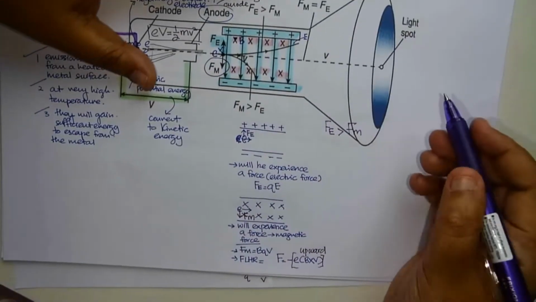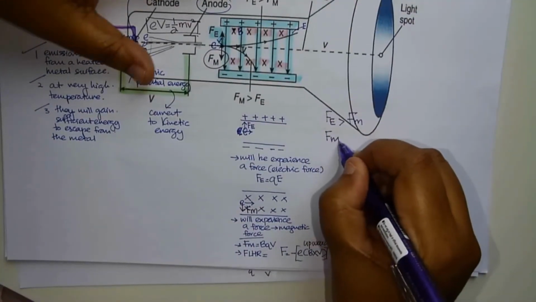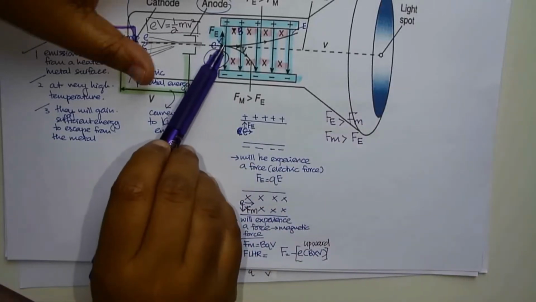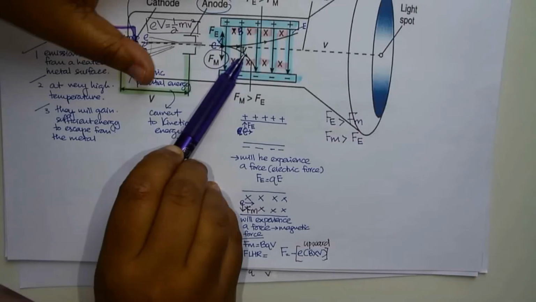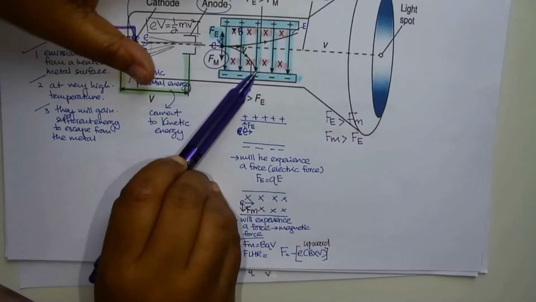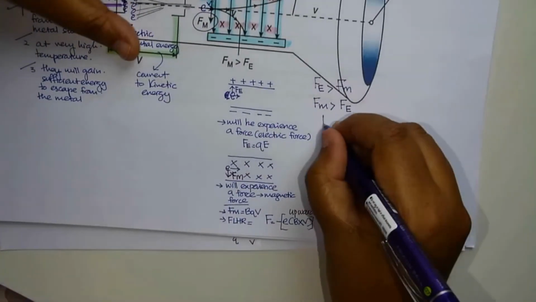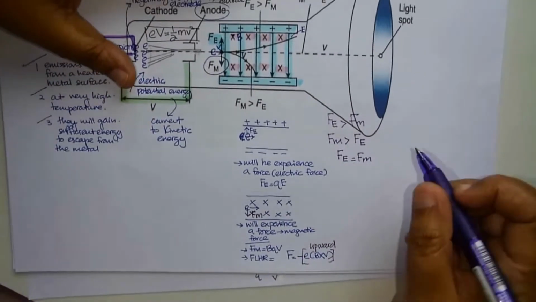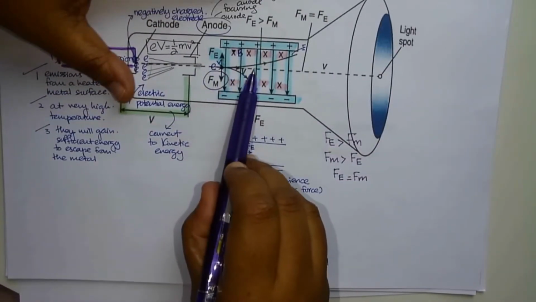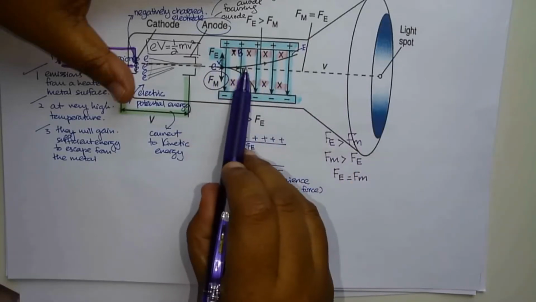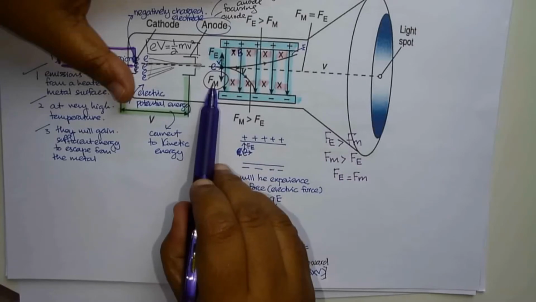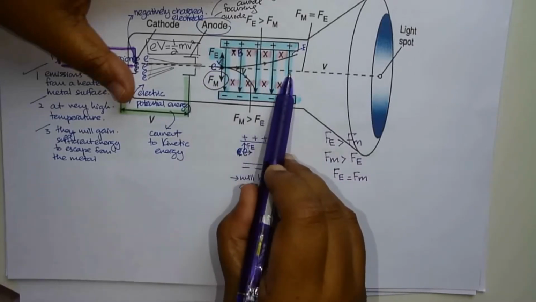But if F_M is greater than F_E, the electron will follow this path and perform circular motion. But if F_E is the same as F_M, the electron will move straight. So for the electron to move straight, F_E must equal F_M.